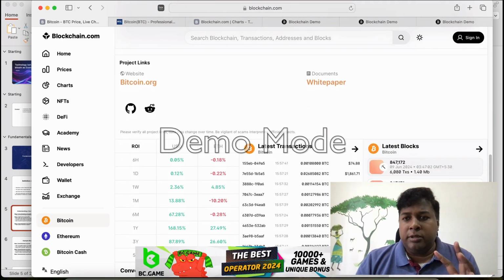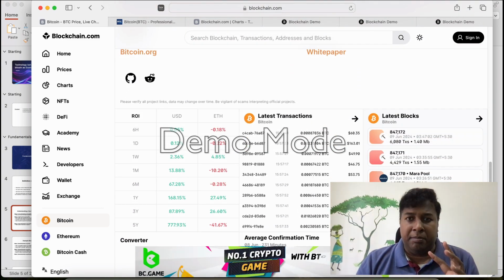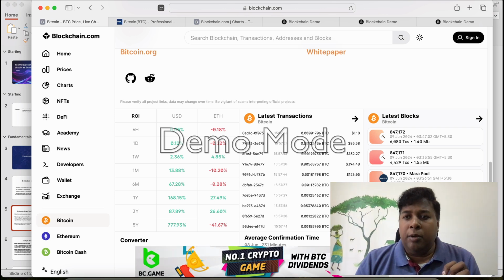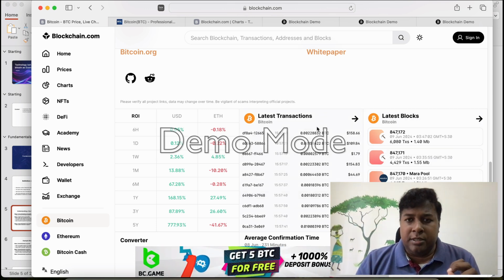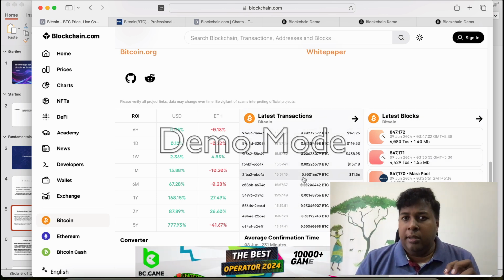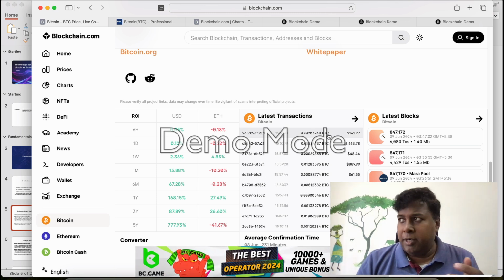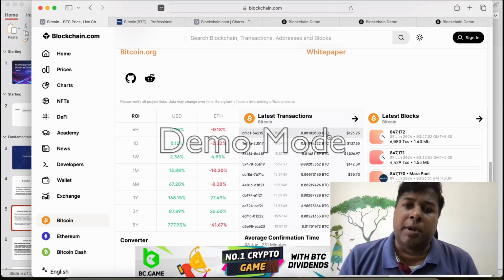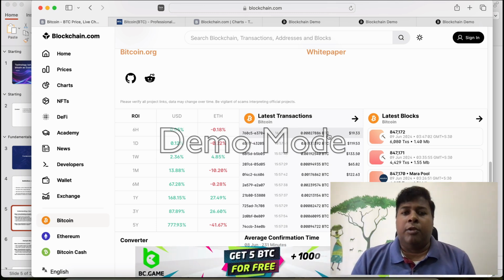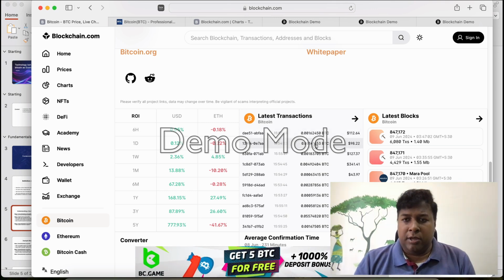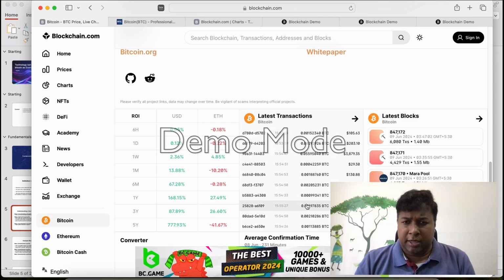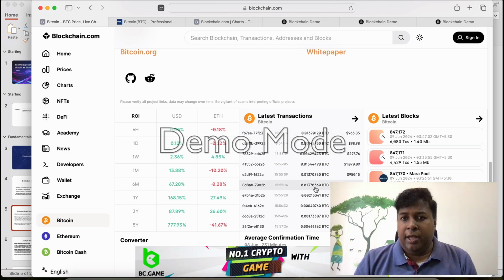I know some parts might be confusing, just stay with me, right? And then you have these transactions going through the blockchain. This is the Bitcoin blockchain, a public blockchain, so that's why we're able to see everything. The transactions are going one after the other very quickly, right? You're able to see hundreds of transactions happening right now.